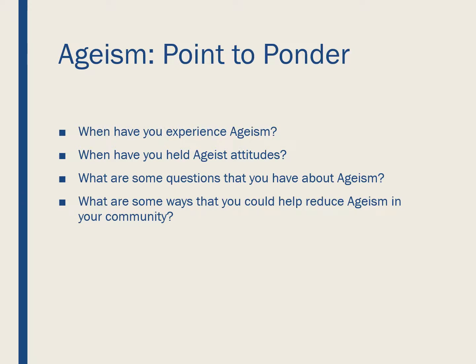Now, as we finish up our section on ageism, I want you to take a few minutes and really think about these questions. So what are some times in your life when you've experienced ageism? When are some times that you've held ageist attitudes, whether subconsciously or consciously? What are some questions you have about ageism?